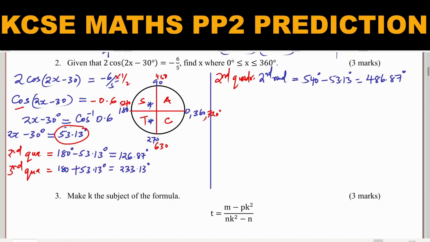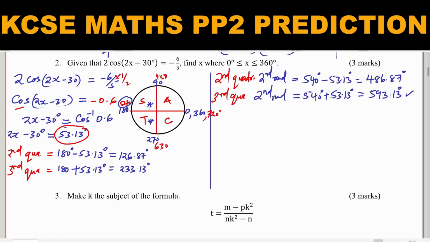Then we go to the third quadrant, second round. The third quadrant, second round will be given by 540 plus 53.13, and this will give 593.13 degrees.